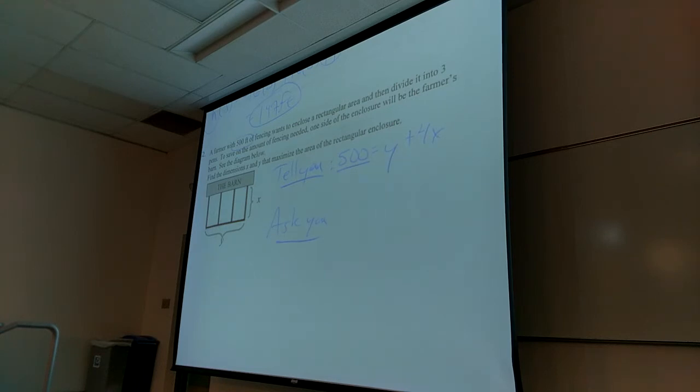So they tell me information about length of fence, right? And they ask me about the area. What's the formula for the area of that? What's the formula for the total area? We could do this. XY. I love it.